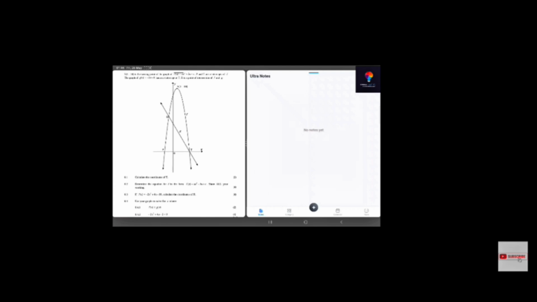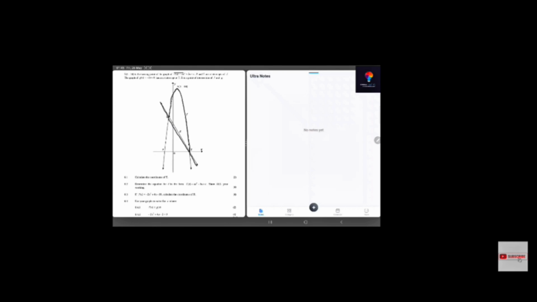So in this case, guys, 6.4.1, they actually want all the values of x whereby the graph of f is above the straight line, the graph of g.